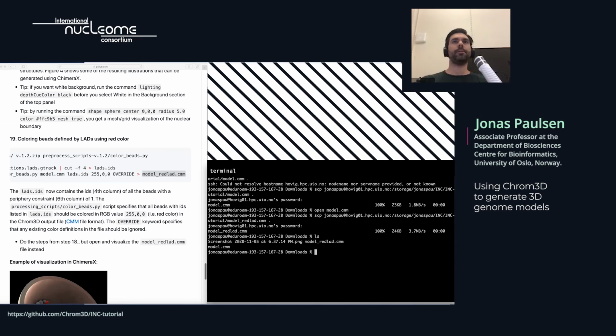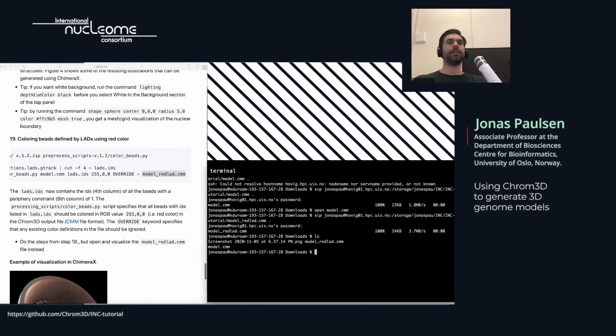So for example, you will experience perhaps that I have a blue color on the chromosome. I didn't specify any color, so Chrom3D just selected a random color for my beads. So perhaps the color is different on your systems, or there are some slight differences in the structure of the chromosomes on your systems. So this is expected.